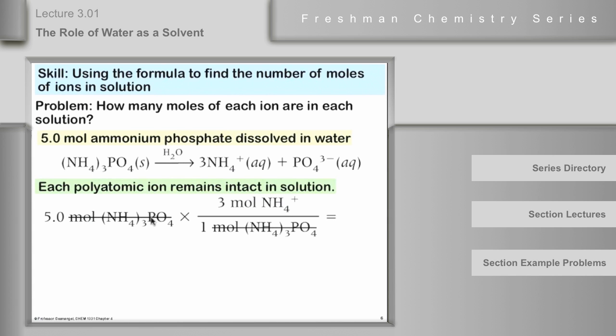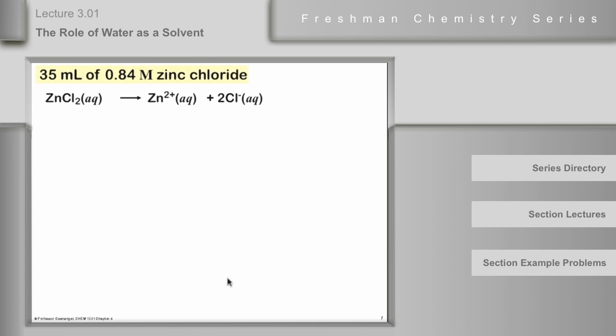We take the number of moles of ammonium phosphate times the formula ratio, 3 moles of ammonium ion per 1 mole of ammonium phosphate, and that would tell us for 5 moles of ammonium phosphate, we get 15 moles of ammonium, and in addition to that, 5 moles of phosphate for a total number of moles of ions of 20 moles. Does anybody have a question about that one? All right, let's look at another one.